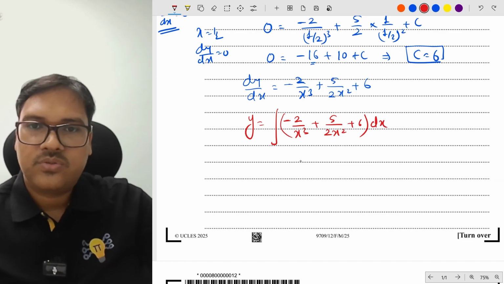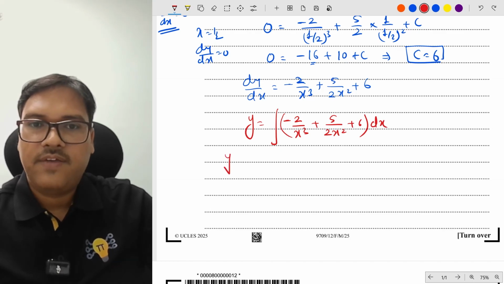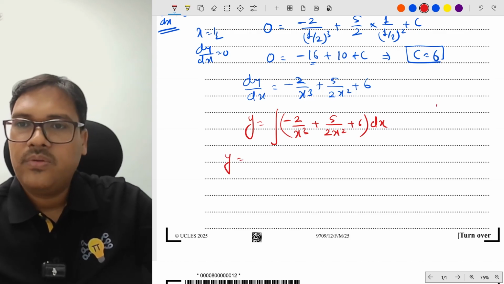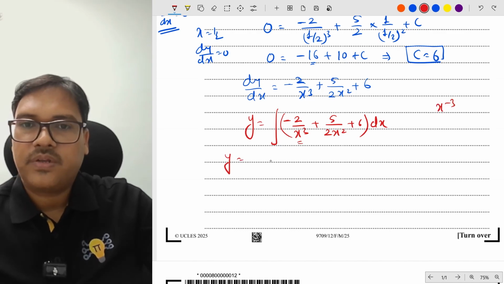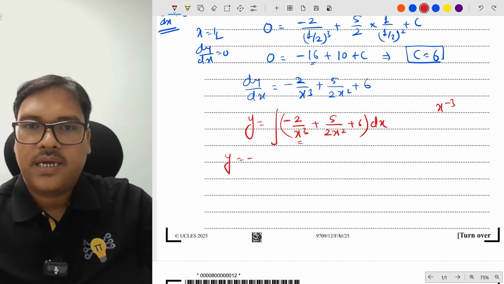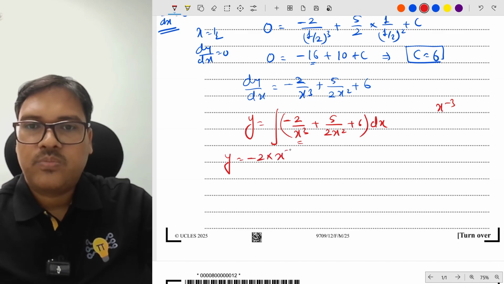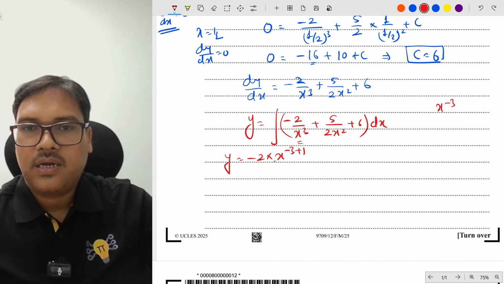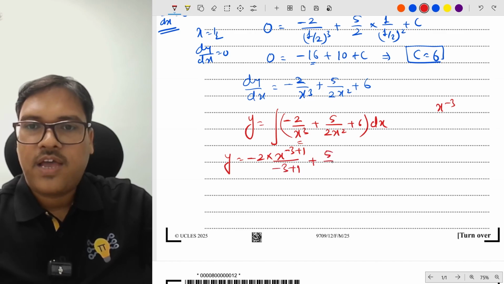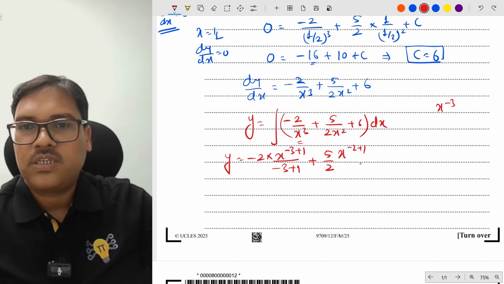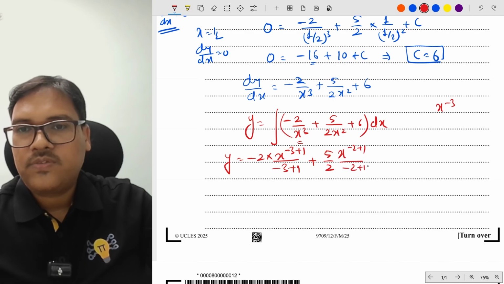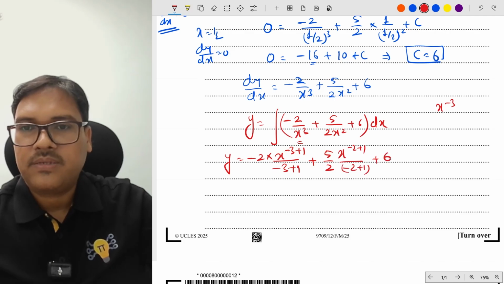Now let's integrate this. So y will be equal to, now this is x raised to minus 3, right? So this will be negative 2 x raised to minus 3 plus 1 upon minus 3 plus 1, plus 5 upon 2, this is x raised to minus 2, so x raised to minus 2 plus 1 upon minus 2 plus 1, and this is plus 6x.